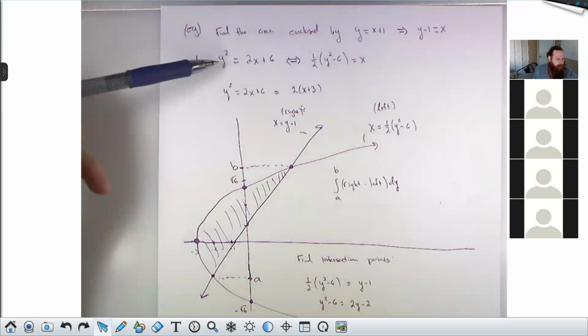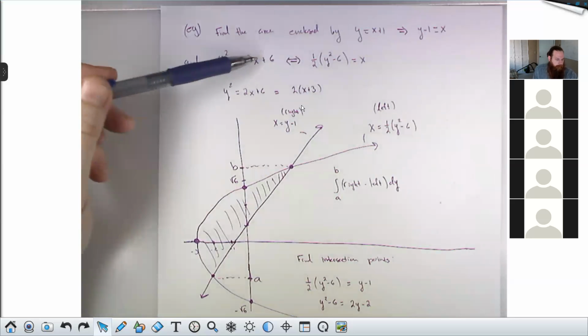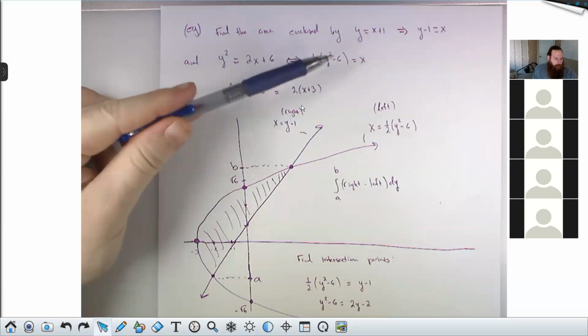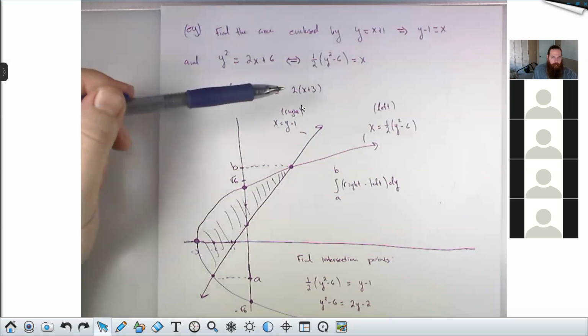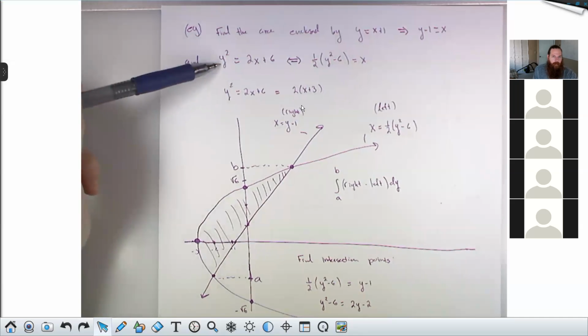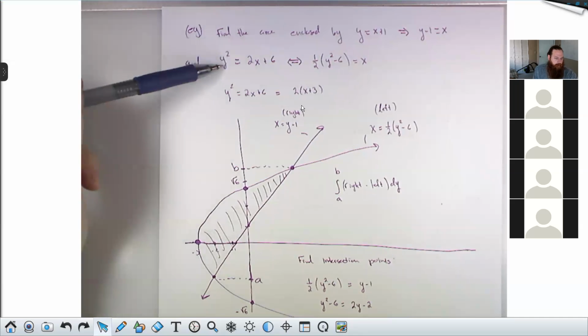So you subtract the 6 from both sides and then divide both sides by 2. You could write it as 1/2 y squared minus 3 without the parentheses. But if you're going to have the parentheses here, if you solve this equation for x, you would subtract the 6 and then divide everything on both sides by 2.